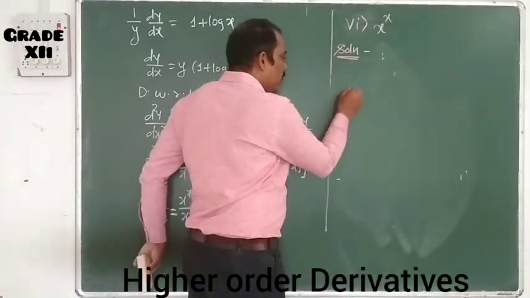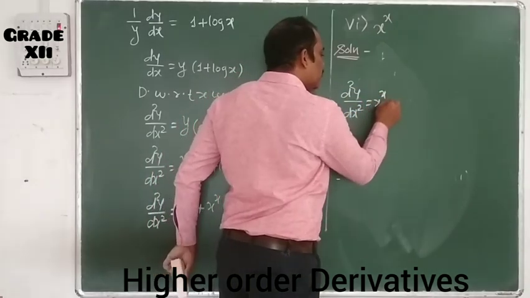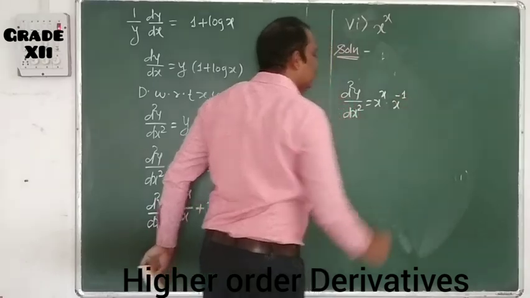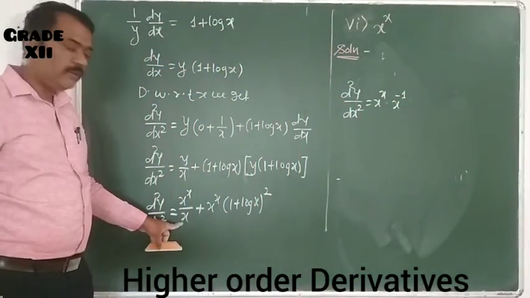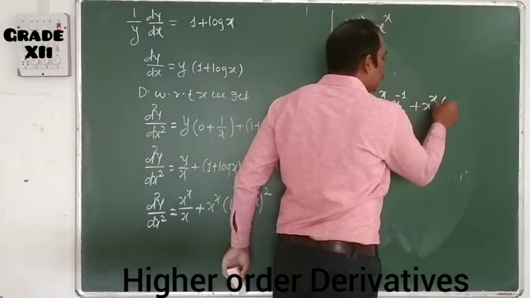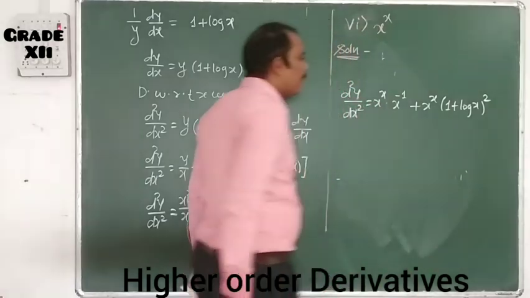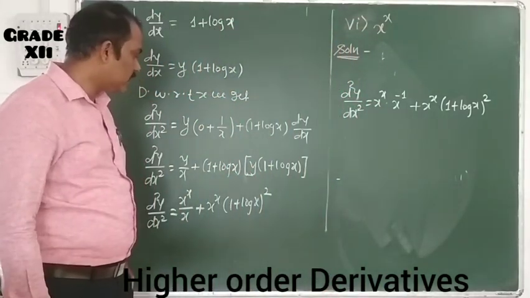So d2y by dx square is equal to x raised to x into x raised to minus 1, we have taken the denominator into the numerator, plus x raised to x into (1 plus log of x) whole square.